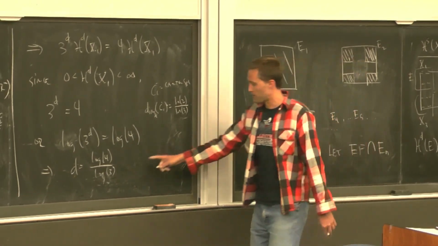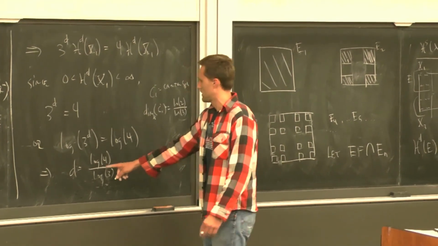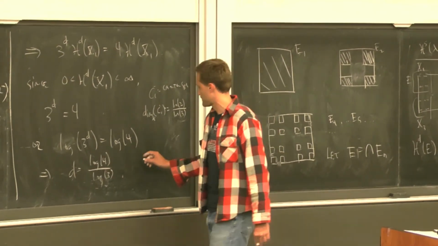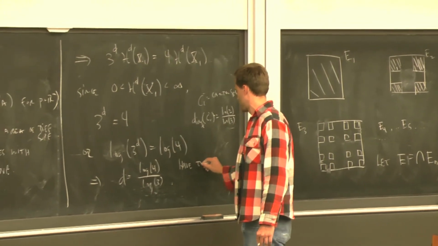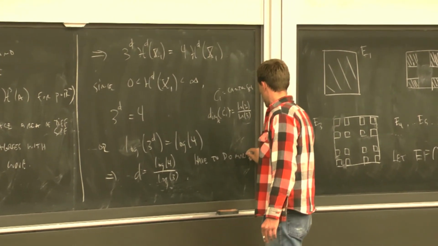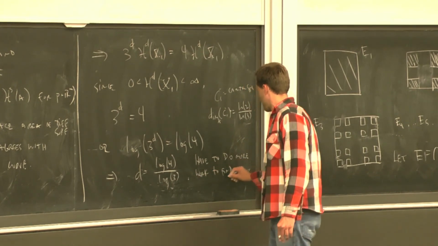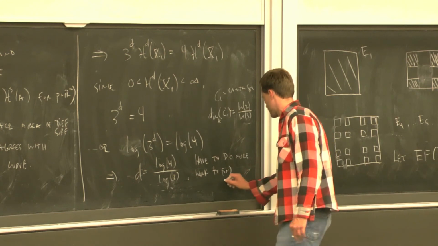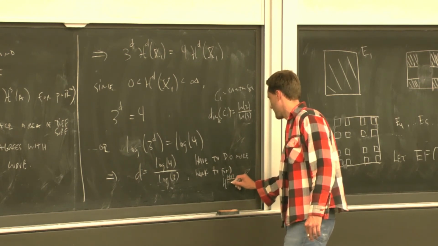And also, I'm pretty sure we have to do more work to find the Hausdorff measure of A in dimension natural log of 4 over natural log of 3.